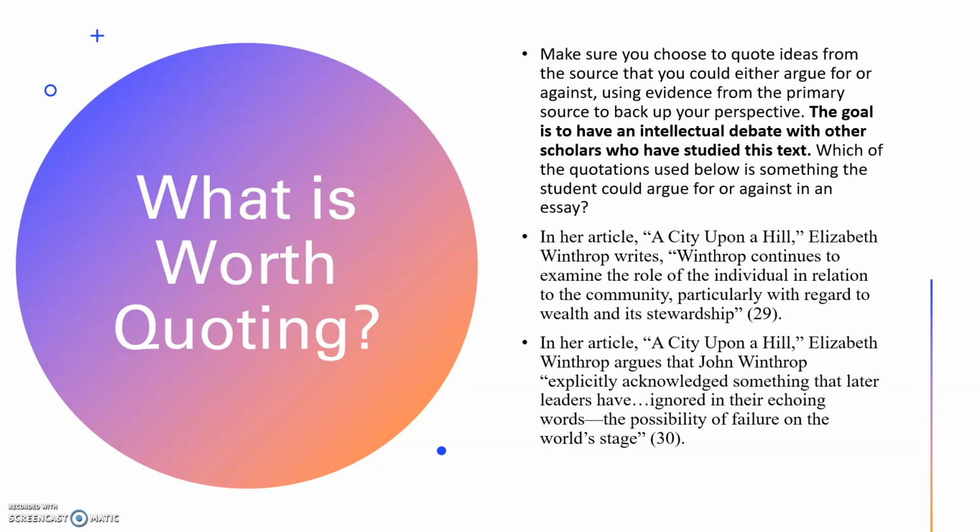She's asserting that other people have ignored the possibility of the failure of the city upon a hill. So that would be an arguable thing that I could address in a paragraph where I can use that quotation and information from the primary source to make a point about the validity or invalidity of her statement.